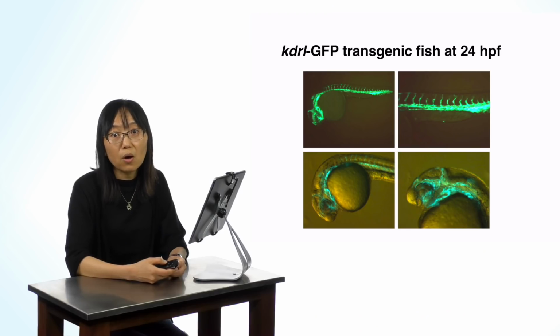Using transgenic technology, we can label specific cell types with fluorescent proteins like GFP. Shown in this slide are transgenic fish embryo in which GFP expression is driven by a vessel-specific promoter KDRL, so that you can observe how the vascular system develops real-time in live embryos.